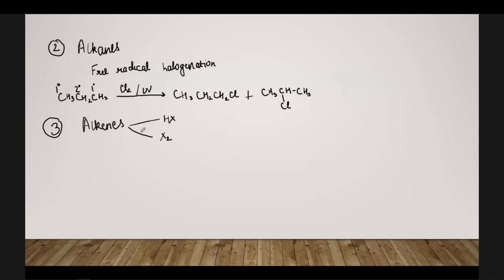So the first category, which is the hydrogen halides. Okay, so here suppose one alkene is there. I'm only writing the double bond here because any other groups can be attached to these carbons, it doesn't matter.